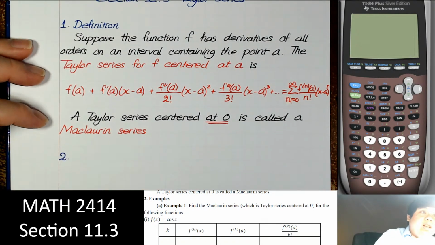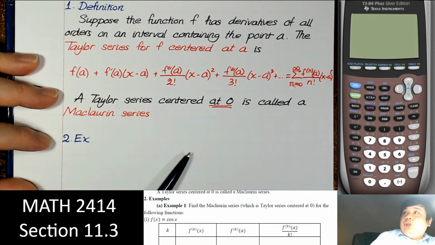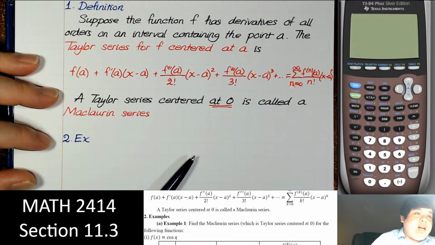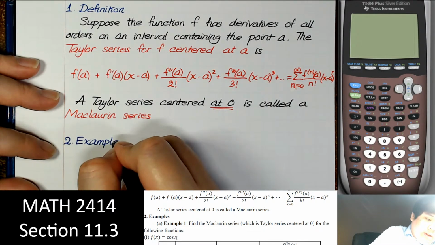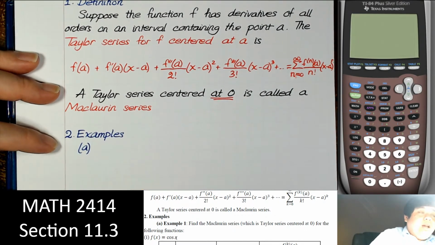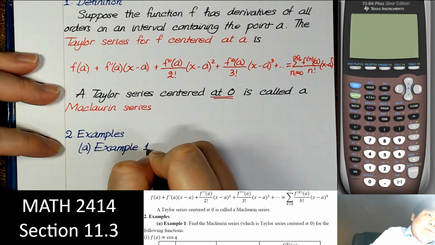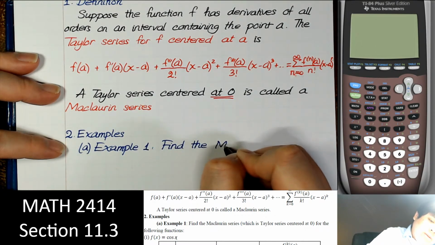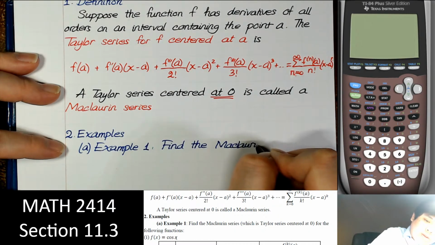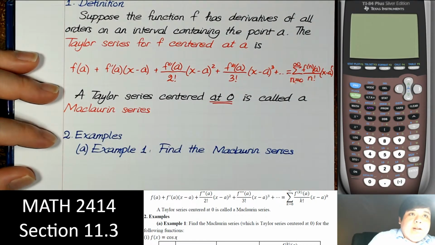Like I said, the most important thing, the last thing I want you to forget about this chapter, is how to do a table like this and find the Taylor series. Example 1. Find the Maclaurin series. Well, a Maclaurin series is a Taylor series centered at 0.